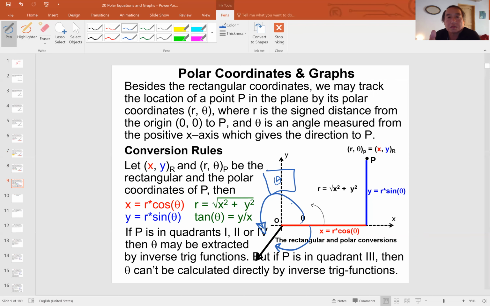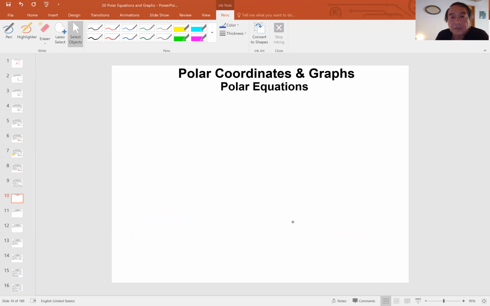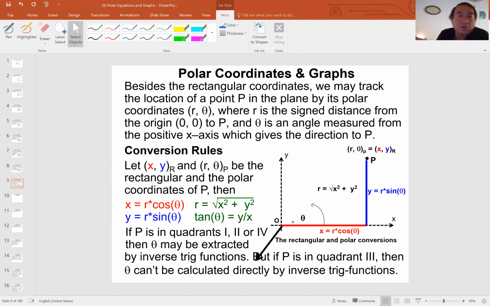It won't give you the answer, because the output of inverse trig is usually between pi and minus pi and so on. So the moral of the story: if you need to find the angle for a point P in the third quadrant, you might want to consider its reflection in the first quadrant and figure out what that is, and use tricks like that, some ad hoc methods, instead of directly getting it.